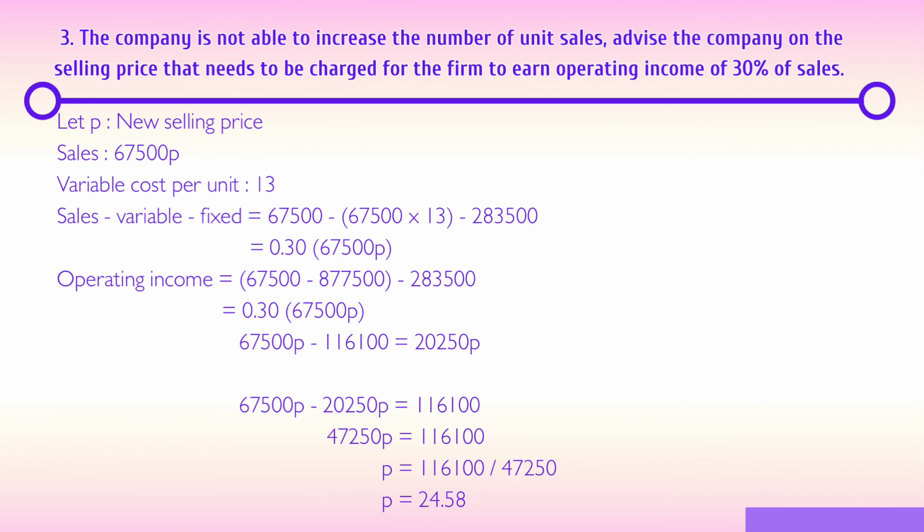Therefore, the company should charge a selling price of 24 ringgit and 58 cents per unit to earn an operating income equal to 30% of sales.